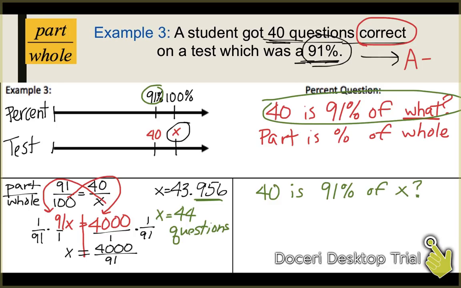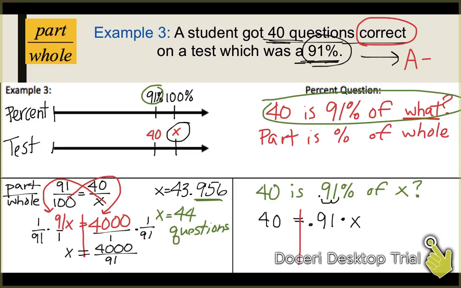And now I can write my equation. I have 40 equals, oh, and now I have to write this as a decimal, which means it's going to be 0.91 times x, right?